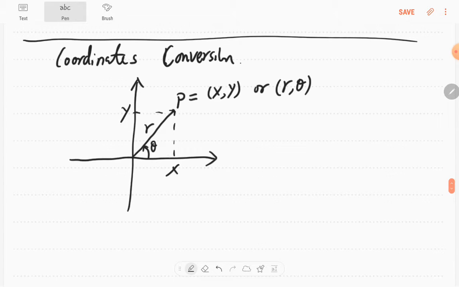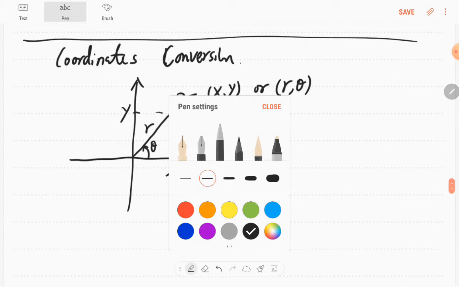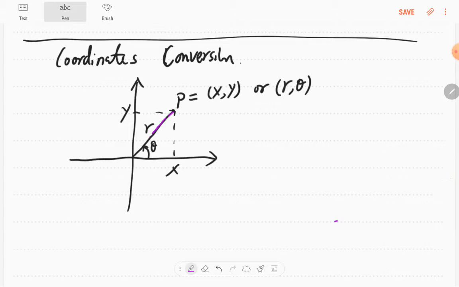So if we look at this triangle, this is a right triangle, right? So this triangle tells you that x, the distance from the origin to this point, can be written as r times cosine theta.